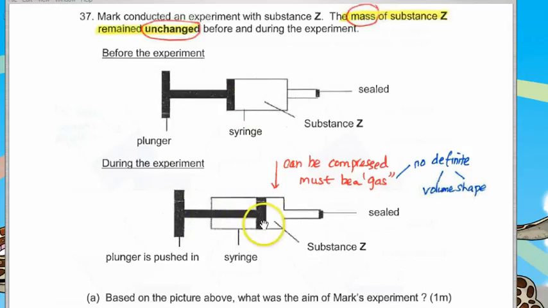You push the plunger in, it compressed. What can be compressed must be a gas. A gas has no definite volume, no definite shape. Look at that. The size changed to a smaller size, and the shape from a longer rectangle into a shorter rectangle.